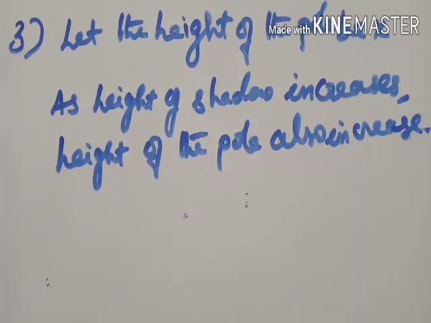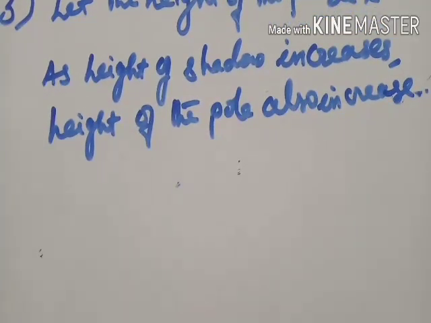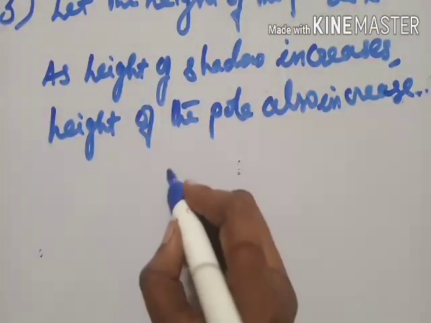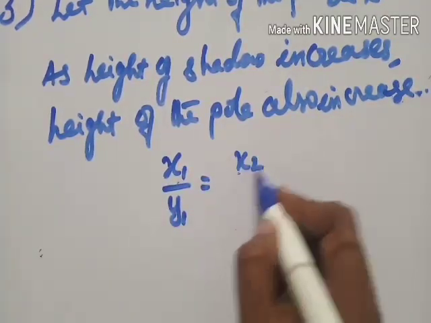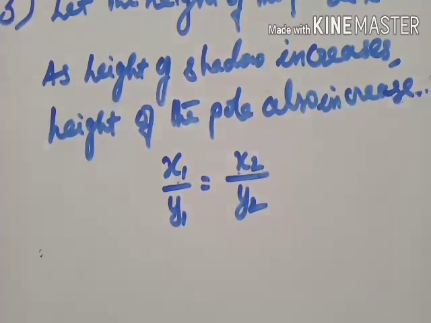Yes, increase. So, they are in direct proportion. So, in this case of direct proportion, what is the condition? x1 by y1 is equal to x2 by y2. So, before that, we have to draw the tabular column.